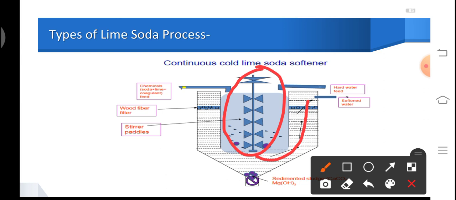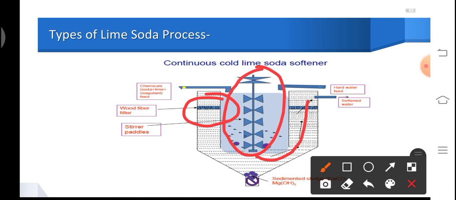This soft water is removed from the outlet, but before moving out, it is filtered through this wood filter. Here you can see the wood filter is present. This wood filter allows the turbidity of the water to remain in the filter, and the water which is free from salt and any kind of turbidity is then removed from the water outlet.